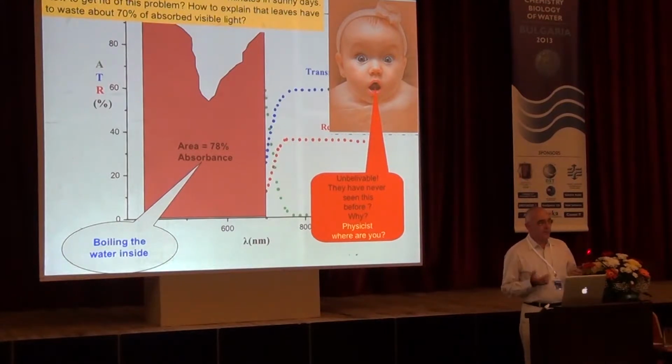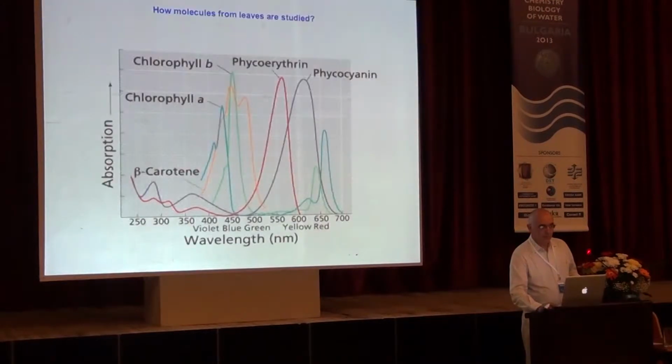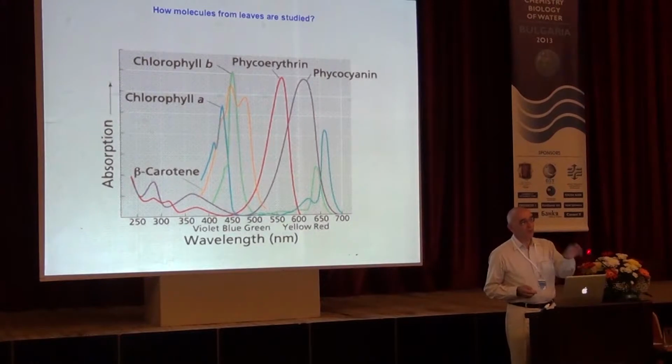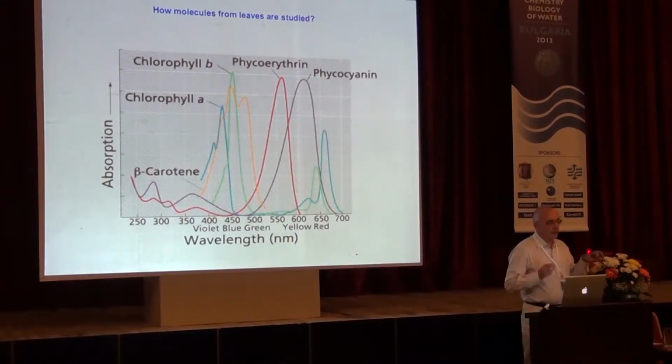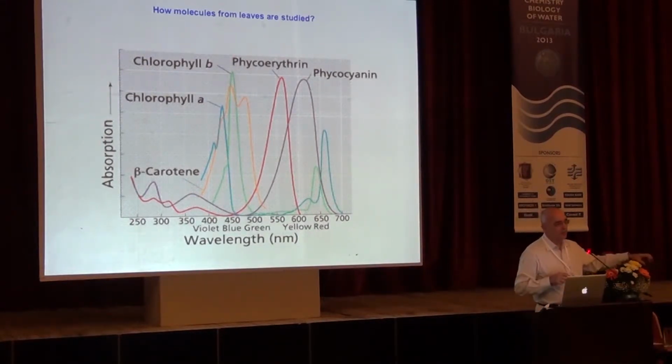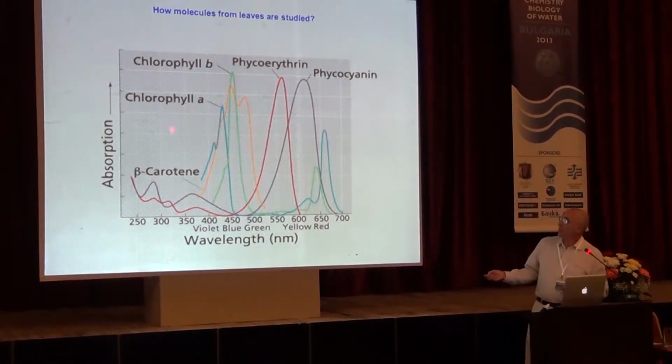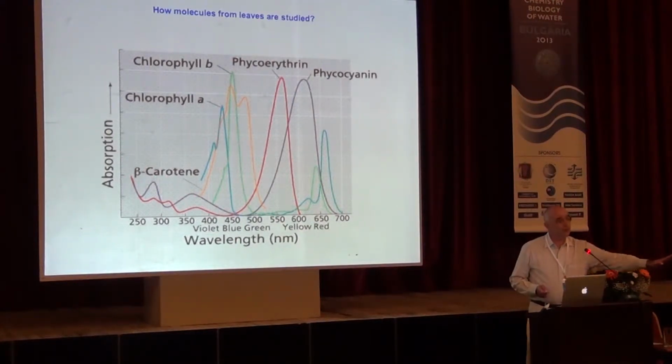So it's impossible with these experimental results to say that the leaves are green because there is reflection. You have to take care about the experimental results taken from molecules separated from water, and they say, well, here we have the absorption for the chlorophyll, and as we don't have absorption inside this green region, they say it's green because it's reflected.